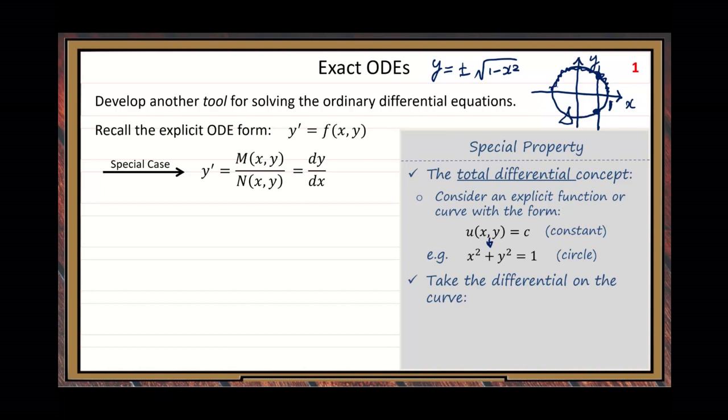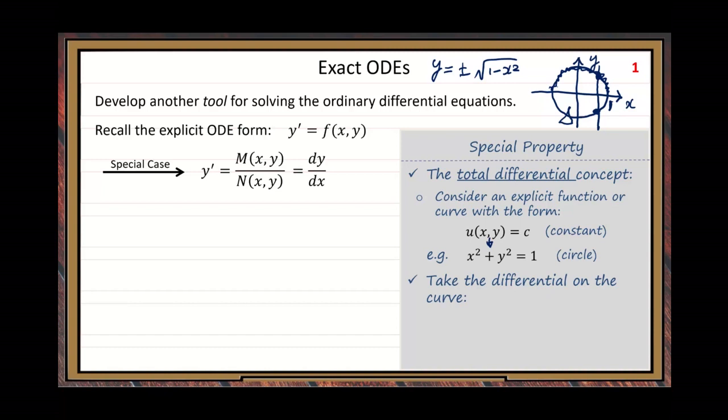We can do it, right? For an equality, we can take the differential operation d on both sides. What is the right-hand side? D of little c, d of a constant. What's that? 0. So the right-hand side is 0.